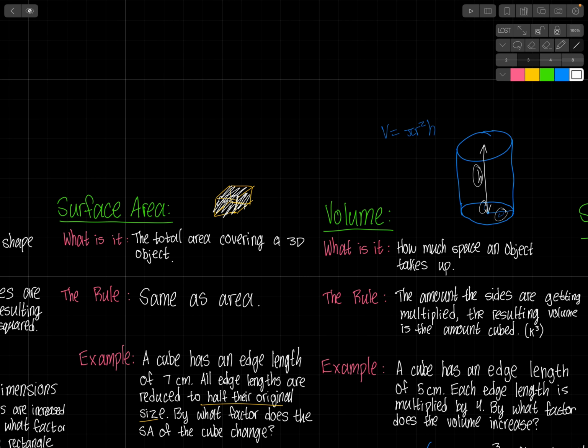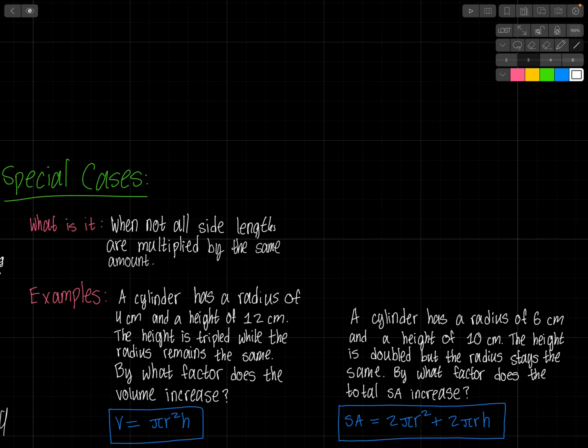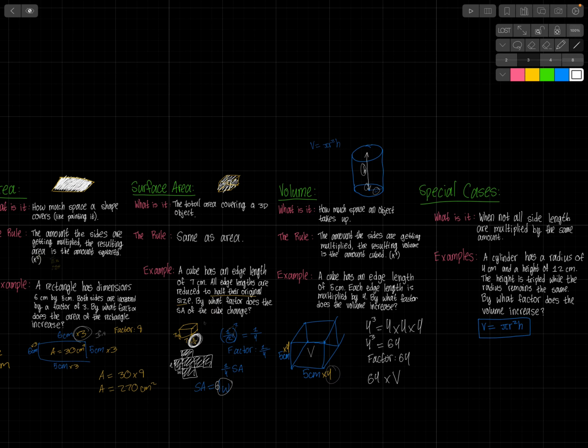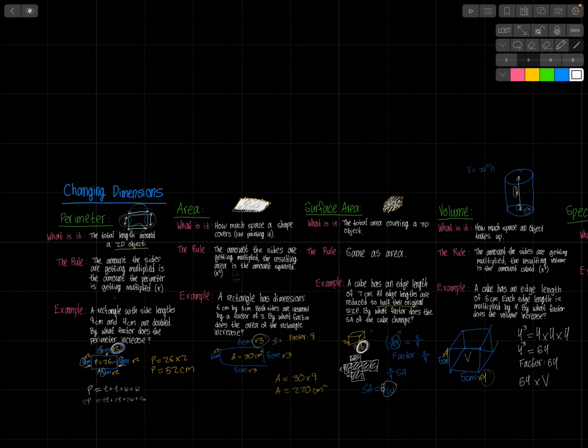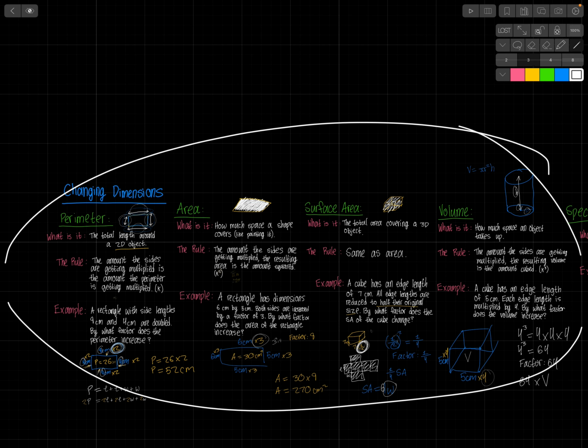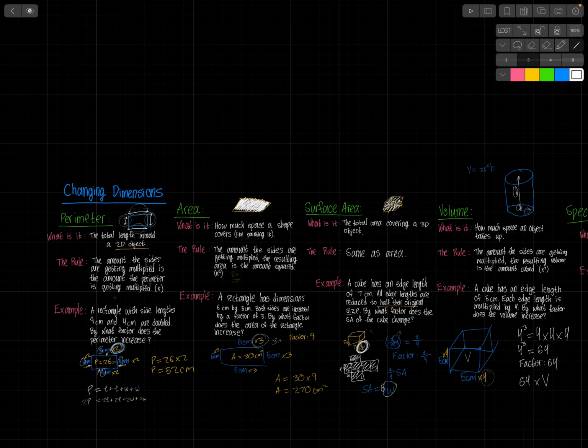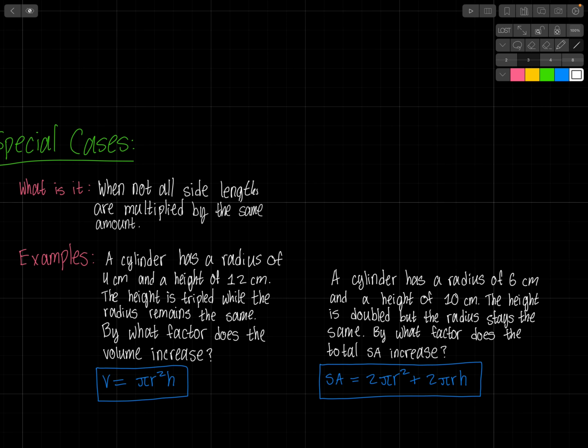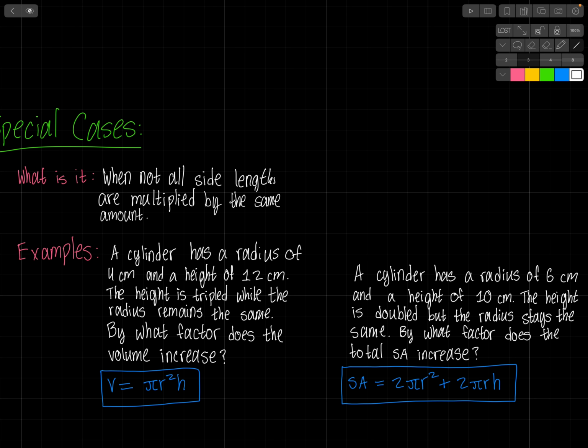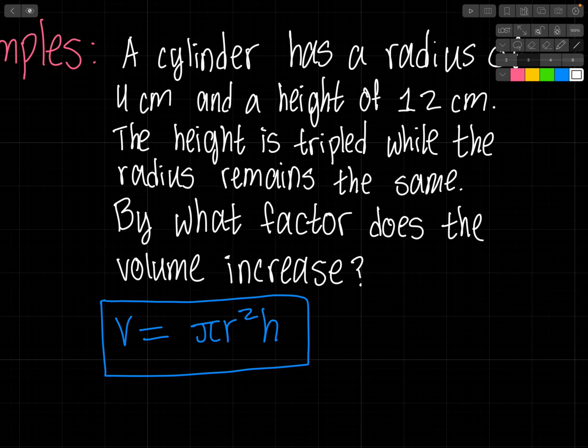All the side lengths won't be multiplied by the same amount, because for all of this, I'm talking about if all the side lengths are increased by the same amount. Here, I'm talking about when they aren't. So let's move on to this example.